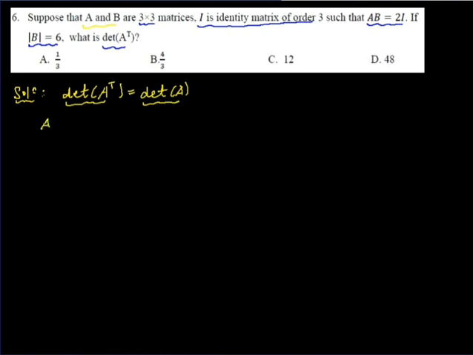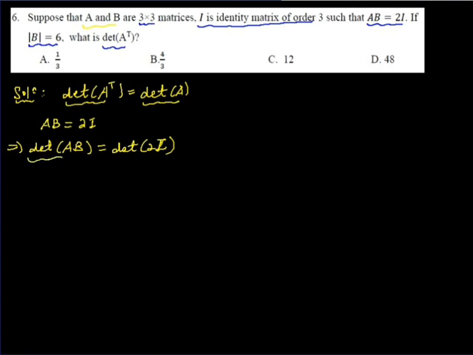The product of the matrices A and B is 2 times I. Now we can take the determinant of both sides. Taking the determinant, we have the determinant of A times B is the same as the determinant of 2 times the identity matrix. Here we will apply the properties of determinant.